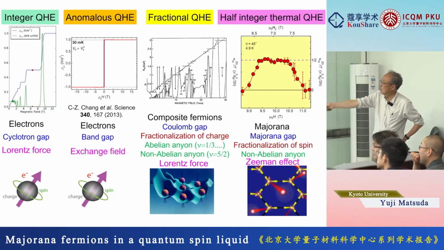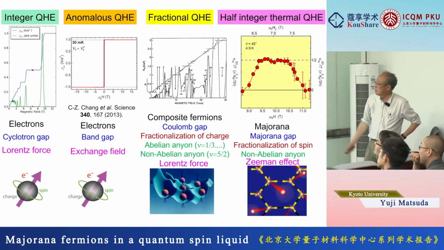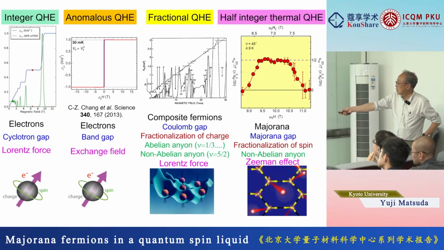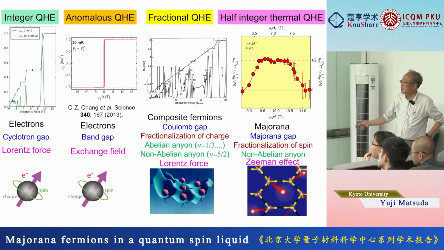In the fractional quantum Hall effect, the particle is a composite fermion, a Coulomb gap opens, fractionalization of charge occurs, and abelian and non-abelian anyons appear. But in the Kitaev spin limit, the derived particle is Majorana, the gap is the Majorana gap, fractionalized spin appears, and non-abelian anyons appear. So this is a different type of quantum Hall effect.